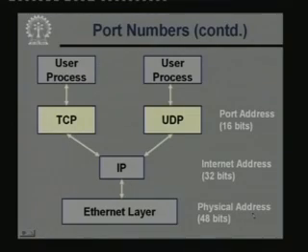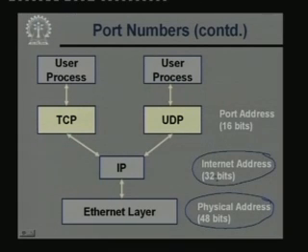Okay. So, just another look at this picture. In this hierarchy, at the lowest level, Ethernet, we address with respect to the Ethernet address, which is 48 bits. At the level of IP, we use the internet address or the IP address, 32 bits. At the transport layer level, we use the port address to identify the application, and this is 16 bits.